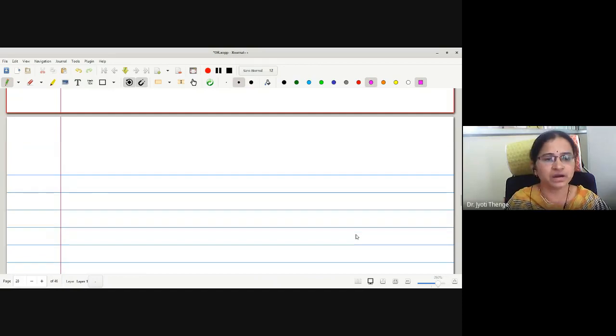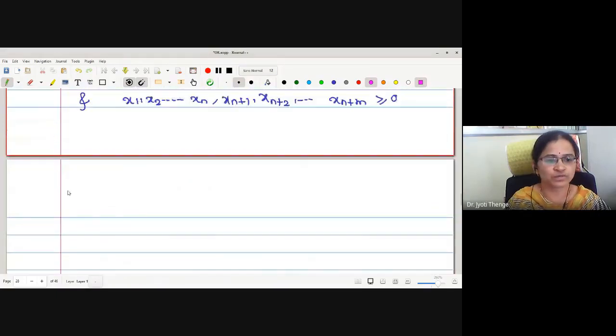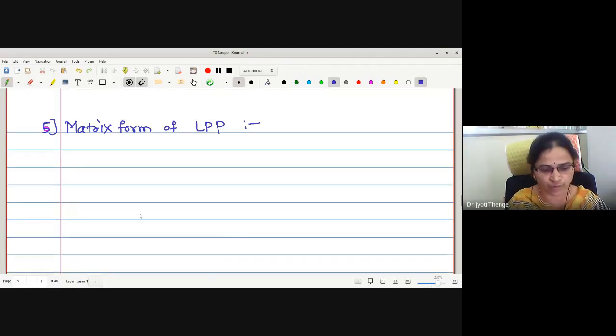Now let me write the matrix form of this equation. I think all of you are familiar with how to write the matrix form of a system of linear equations. Now we will write the matrix form of the linear programming problem.